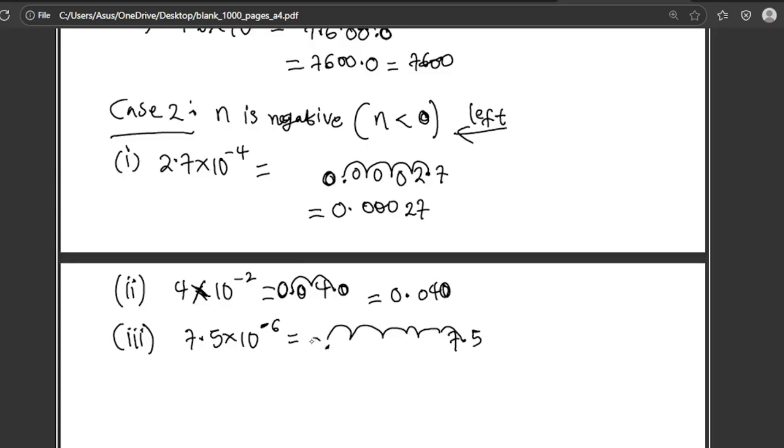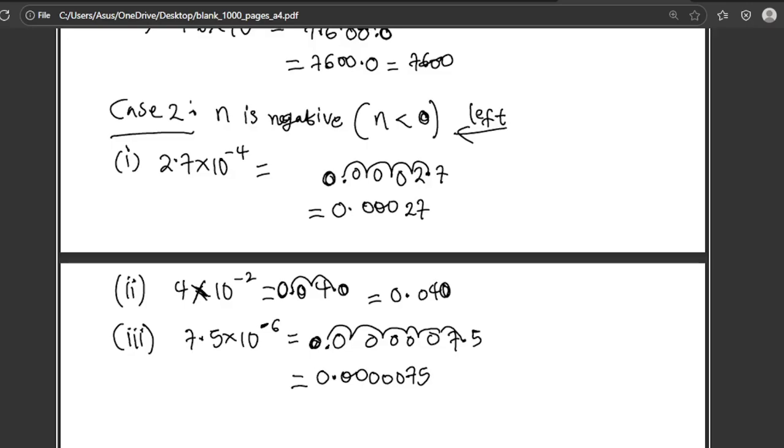Then we come to the 0. Fill each empty space with 0: 0, 0, 0, 0, 0. So we have 0.0000075 and we are able to convert it to its ordinary form.